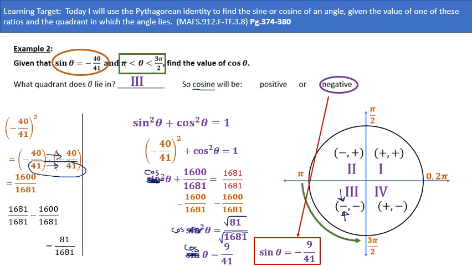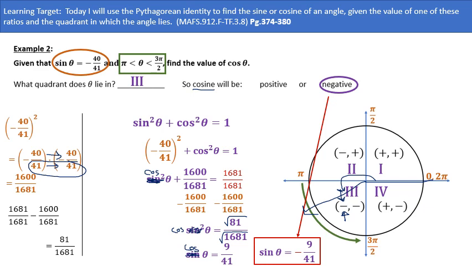And that's just because they're telling us that this angle is residing somewhere in this quadrant. It's something like this. So far, so good. If you really feel like you know what you're doing, I encourage you to pause it, try 3 and 4 on your own, and then hit play and see if you're right.